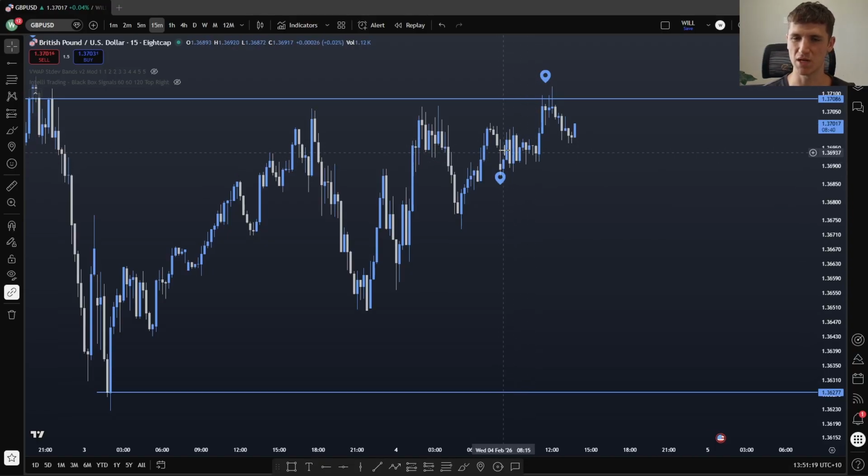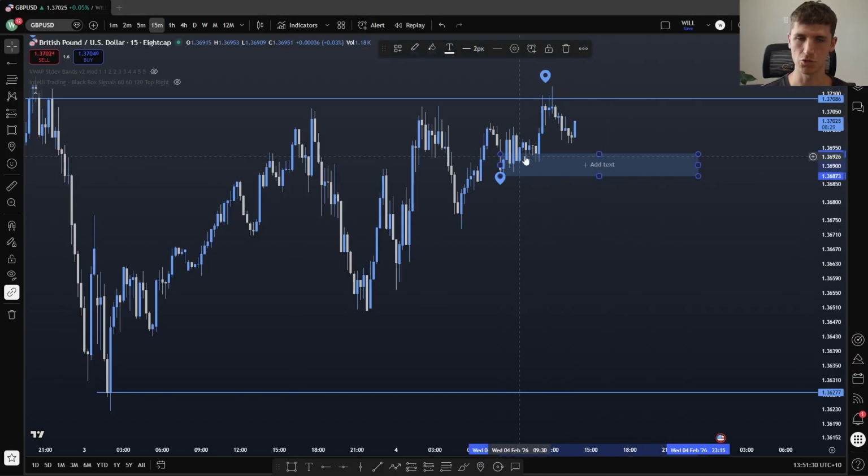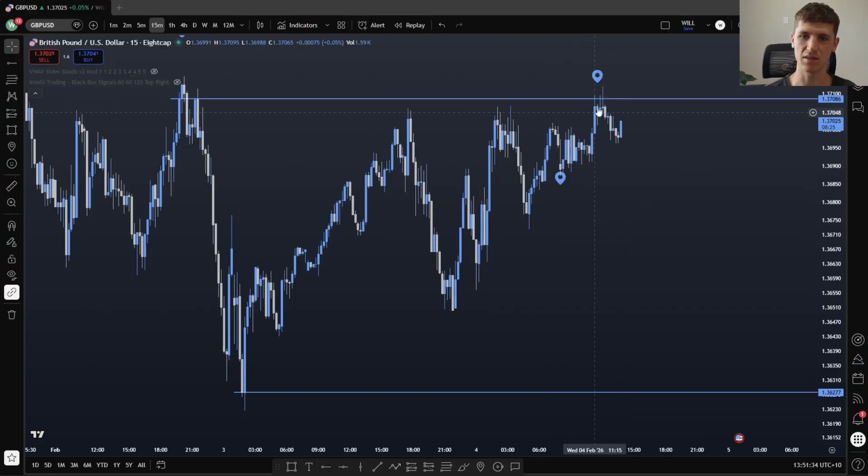There's not too much strength here. This is the last actual significant key level, and if I was to mark a key level, I would have marked it from there to there, because that is all pretty much one big key level. So that is indicating that the 15 minute is bullish.